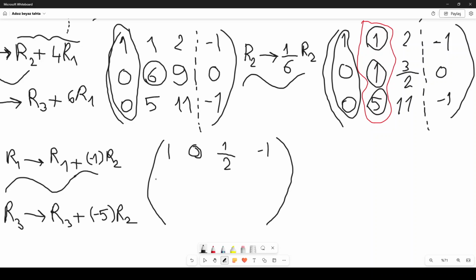And the second row remains unchanged. I just put the values here: 0, 1, 3/2, which is 1.5, and 0, right? And the third row becomes 0, 0, 7/2, and -1, right? All right.